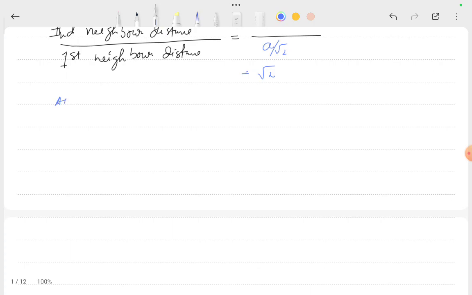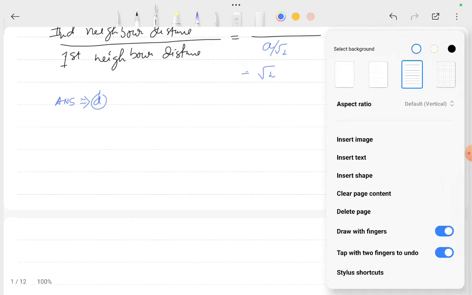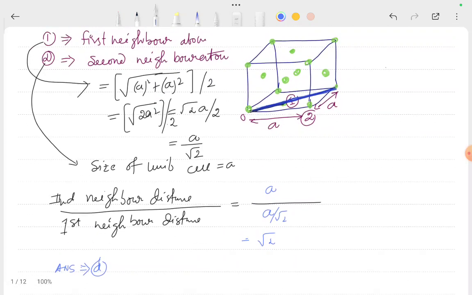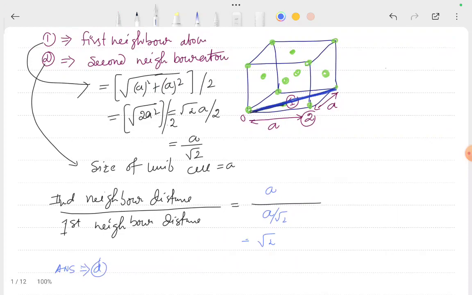First we calculate the first near distance and the second near distance, and then we calculate the ratio between them. Please remember this pictorial form for calculating the first near distance and second near distance, and what the first near atoms and the second near atoms are. It's very important.